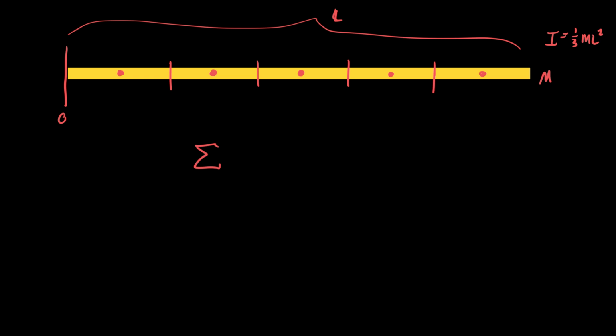Our summation has to add up, from the first object to the fifth object, the mass of each piece times the distance from the axis of rotation to where my mass is, squared. Let's take a look at that first piece. If the entire thing has mass M, what is the mass of the first piece?